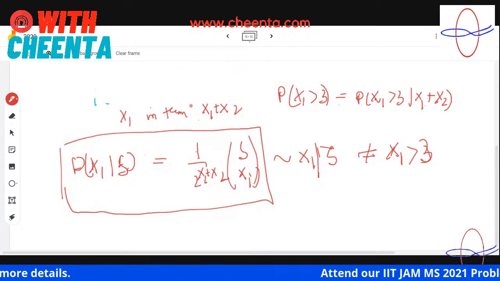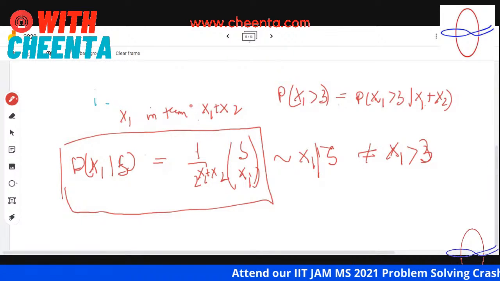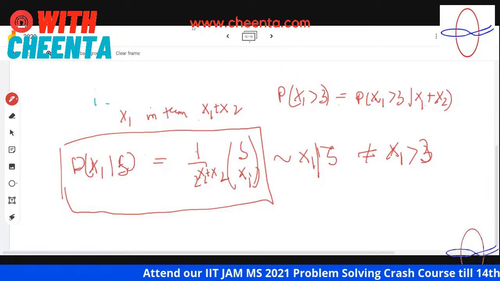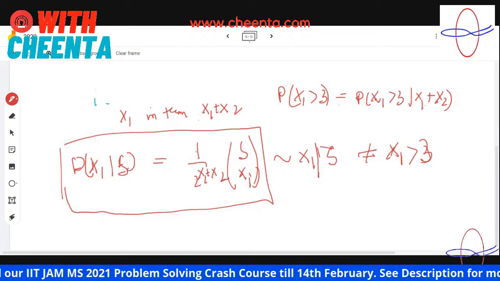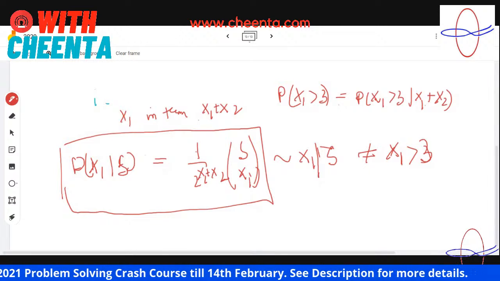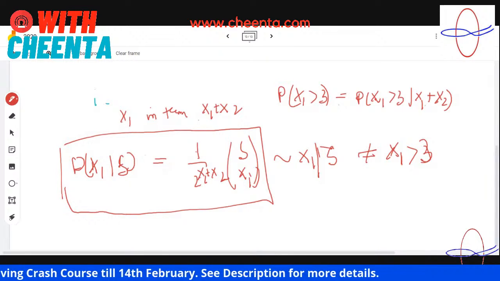That's what. But we need to find probability x1 greater than 3.